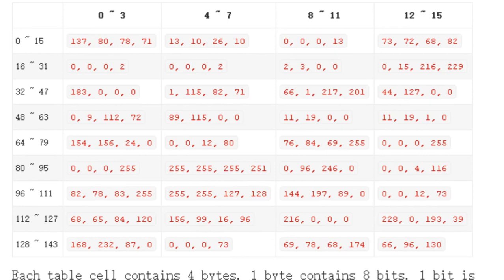So we got 0 to 15, 137, 80, 78, 71, 13, 10, 26, 10, 0, 0, 0, 13, and I believe that is the PNG header right there. And then we got some more bits, but I don't really think it's important to analyze this. I think you could pause here if you want to make some sense of this.